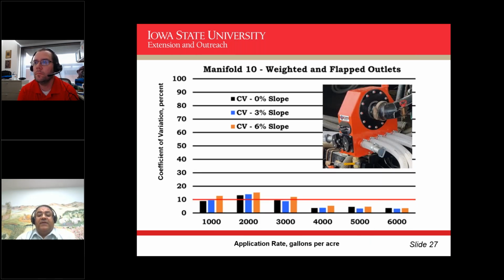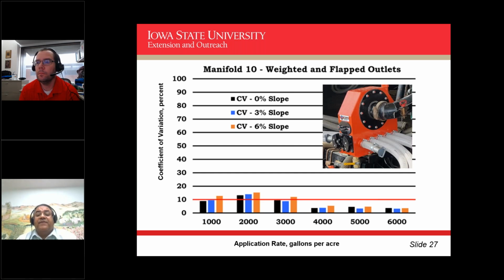The last one that we have tested, this one is top fed. Manure comes in on the top side, and down in the bottom, the outlets are weighted and they are flapped, so they don't discharge completely. The flaps open up based on the flow rate.